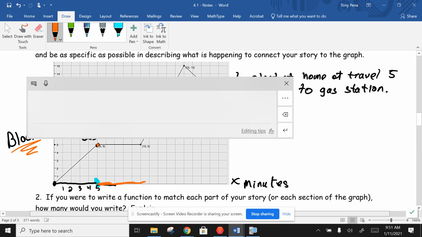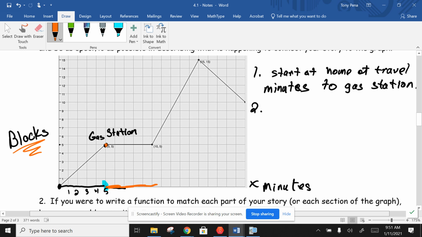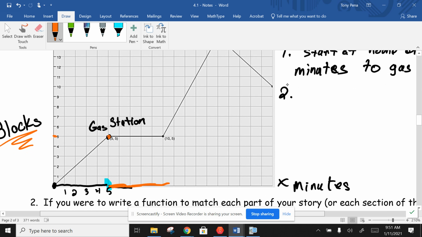Do we travel any more blocks? All right, notice how we are staying 5 blocks away from our home. If this is our home, we traveled 5 blocks. Do our blocks increase at all? Do we get any further from home? No, we stay at 5 blocks the entire time.